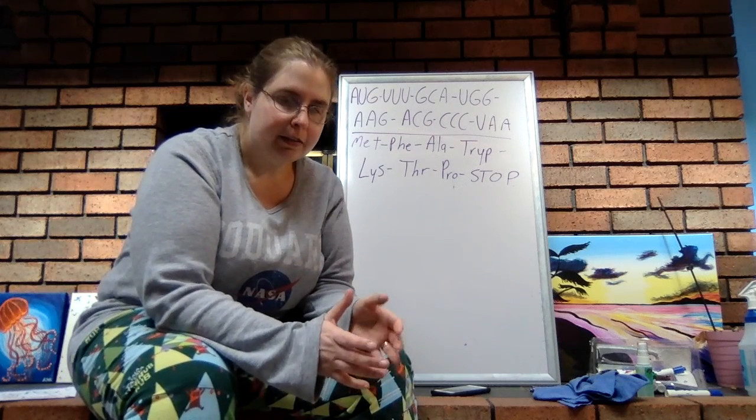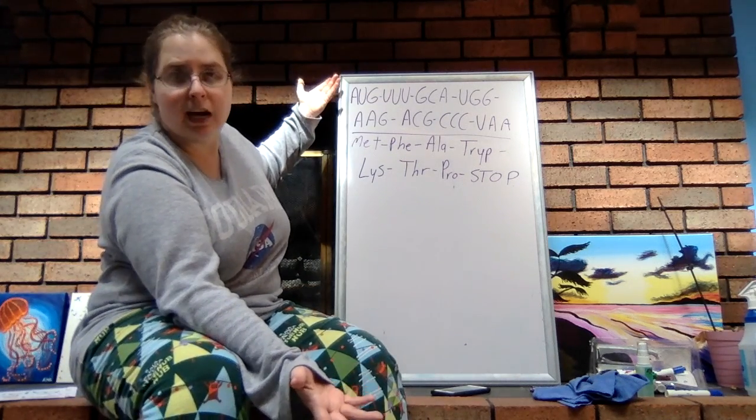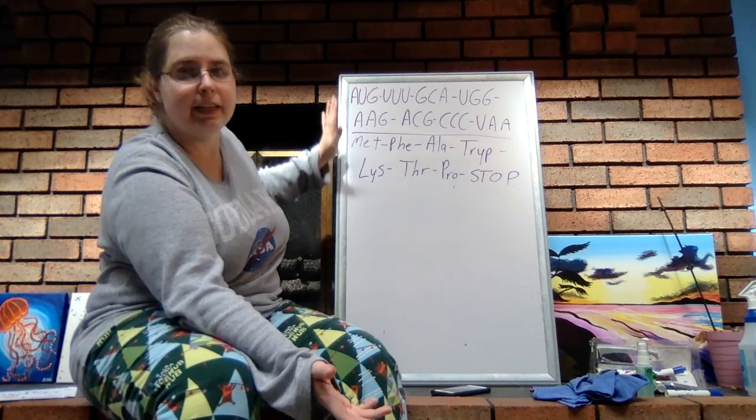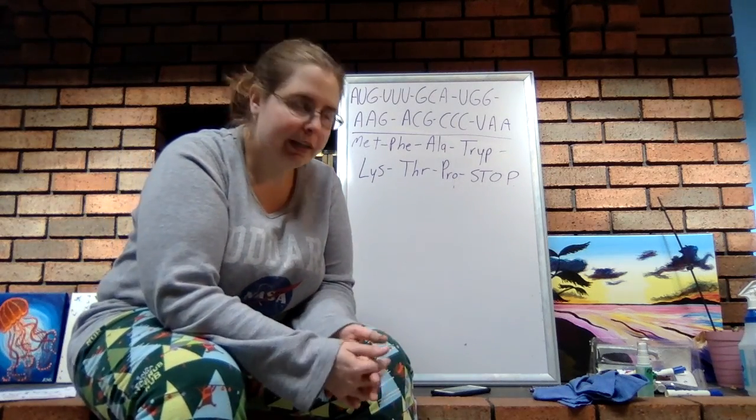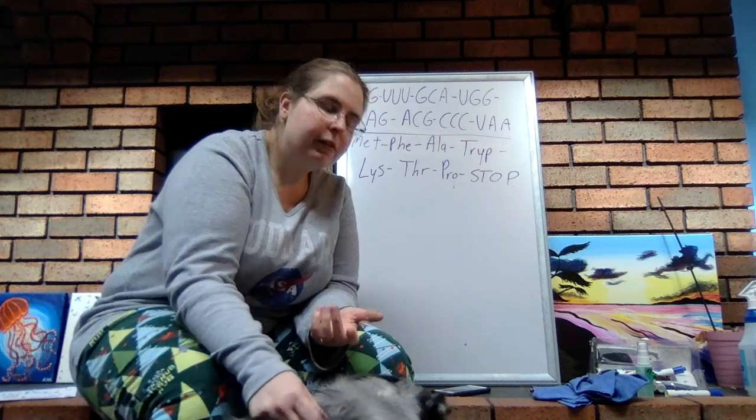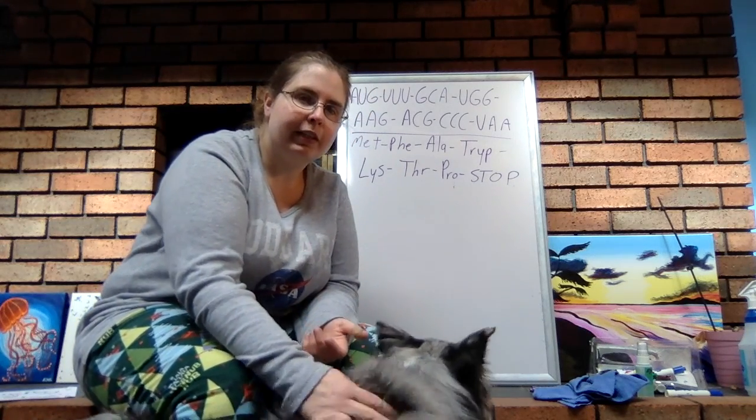So when we have the DNA that is complementary to this mRNA, this is the amino acid sequence we would get. But what if there's a change to the original DNA?